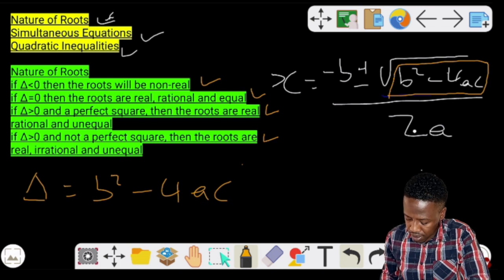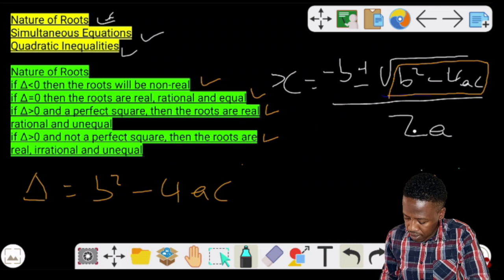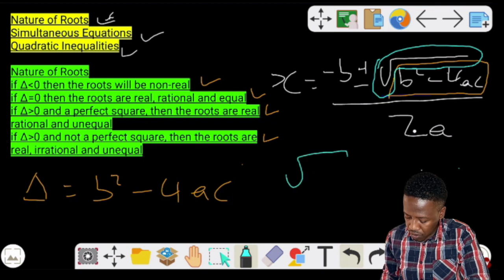So the first condition, if your discriminant is less than 0, let's say you have a minus 1, this would be non-real. Your roots will be non-real.